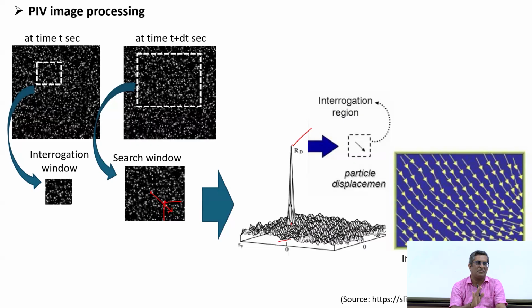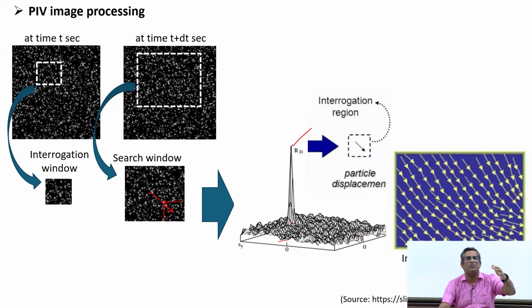So, basically in PIV we can measure the fluid velocity vectors at different locations at the same time. So, this is the main difference with respect to LDV. In case of LDV or pitot tube or hot wire anemometer, these are all point measurement techniques where you can get spatial measurements, but you can only measure statistics.